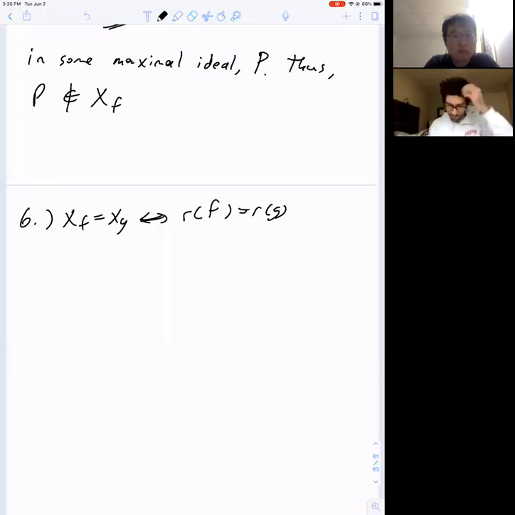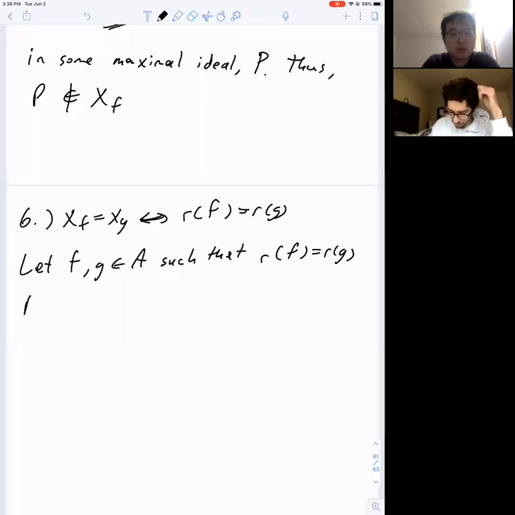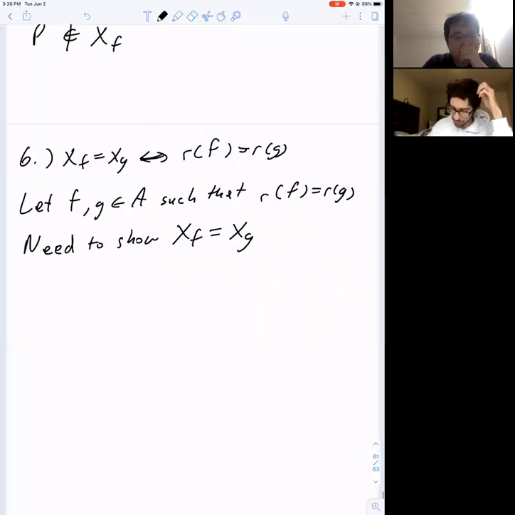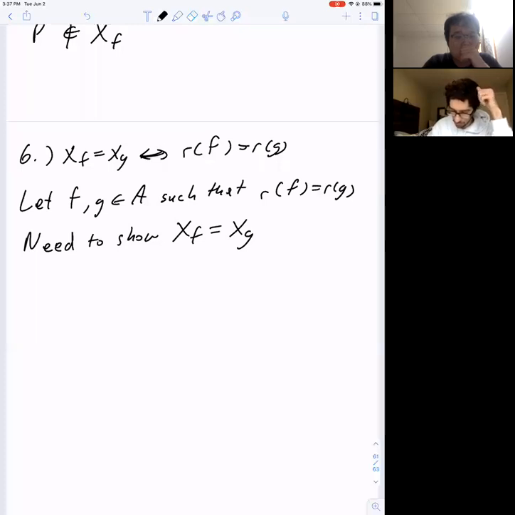So first of all, let f and g be in A such that r of f equals r of g. I want to prove that X sub f equals X sub g. So it is enough to show that X sub f is contained in X sub g, because after you just switch the terms f and g, you will have solved it. It's the same thing.